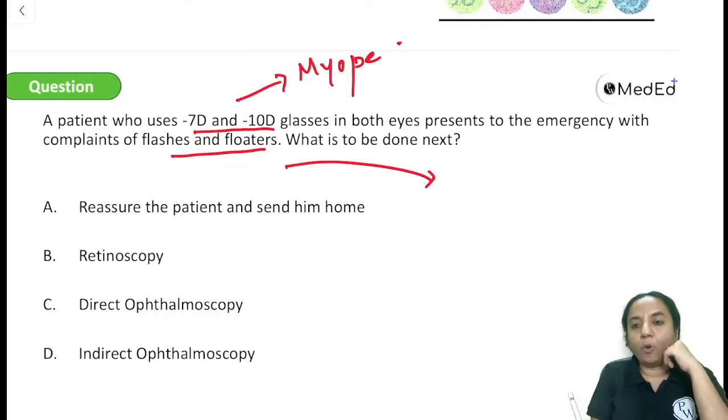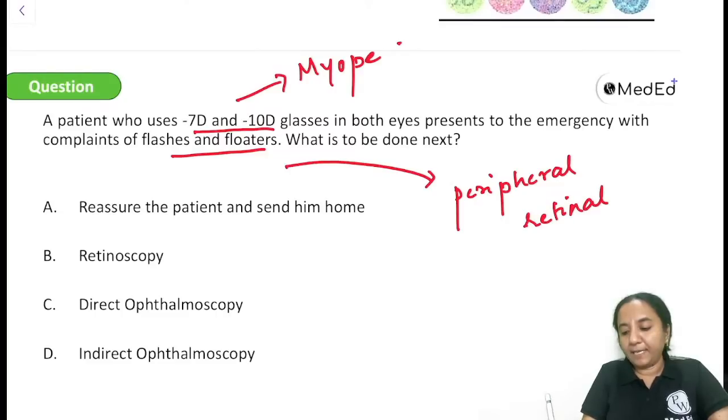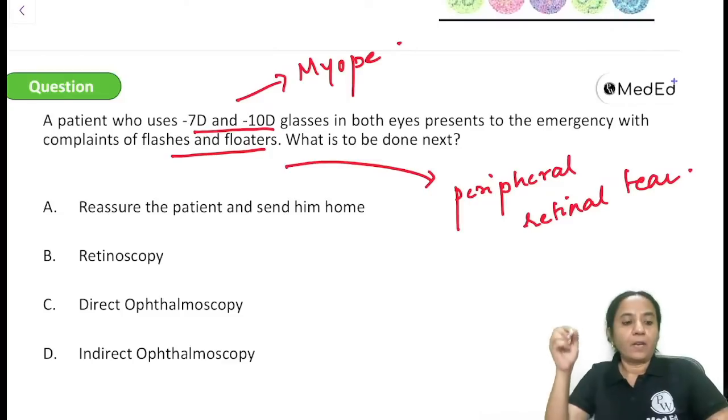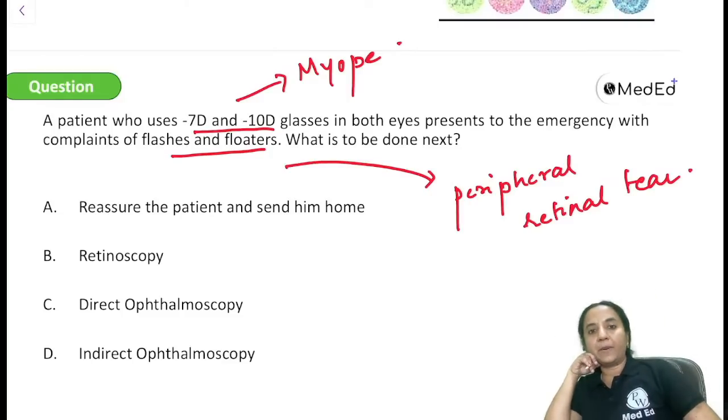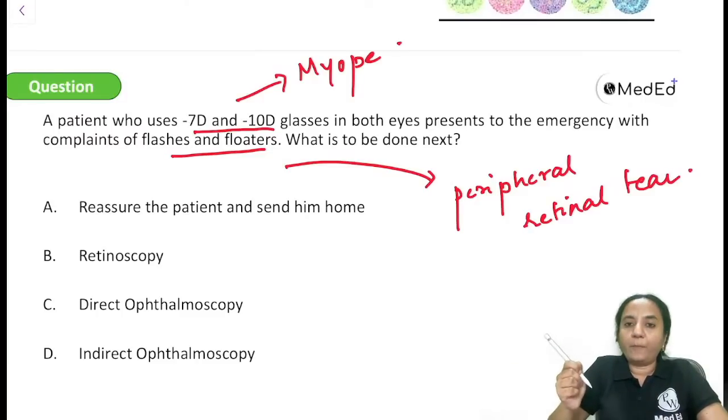Flashes and floaters in a myopic patient may be suggestive of a peripheral retinal tear. So how do you examine the peripheral retina?